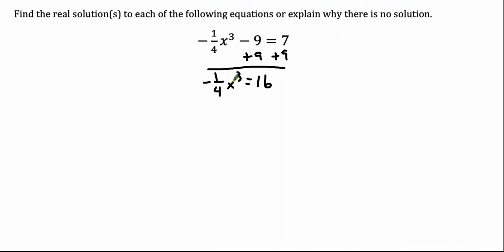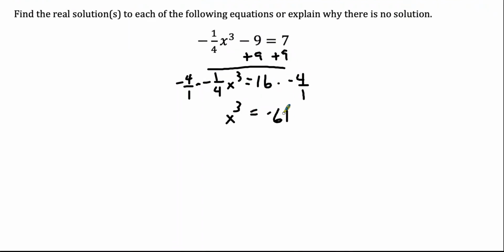Since it's currently being multiplied, right, negative 1/4 times x cubed, I could divide both sides by negative 1/4, or I can think about multiplying by the reciprocal. So in this case, the reciprocal would be negative 4 over 1. So if I multiply both sides by negative 4 over 1, that's actually the same thing as dividing by negative 1 over 4. So we get x cubed by itself, and then on the right side, 16 times negative 4 would be negative 64.